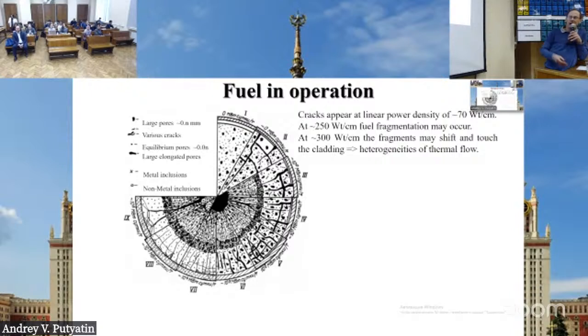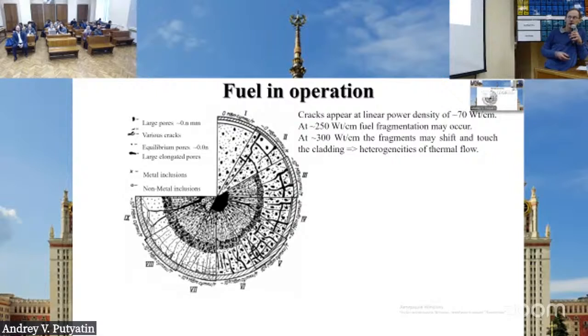And at yet higher power, the fragments may start to shift and touch the cladding. When you think about this, you have a fuel pellet in a metal tube, the cladding. Initially there is a gap filled with helium, for example, which separates the fuel pellet ceramic from the metal.